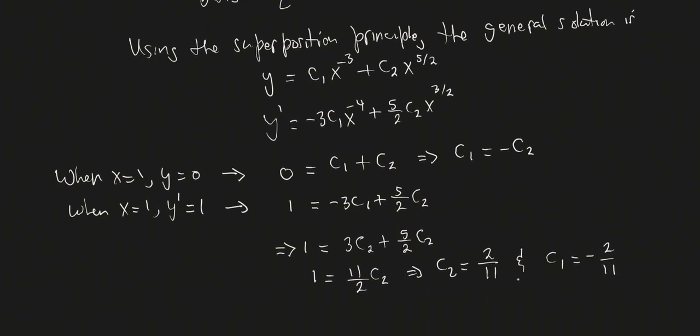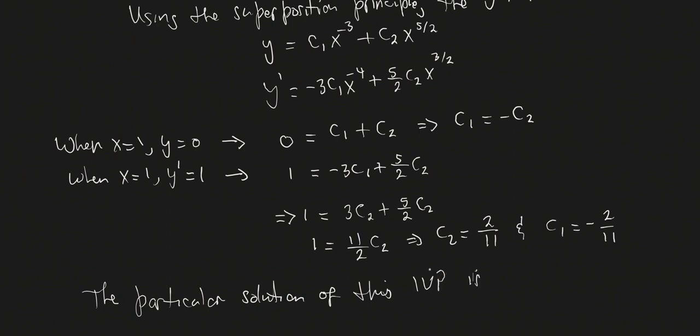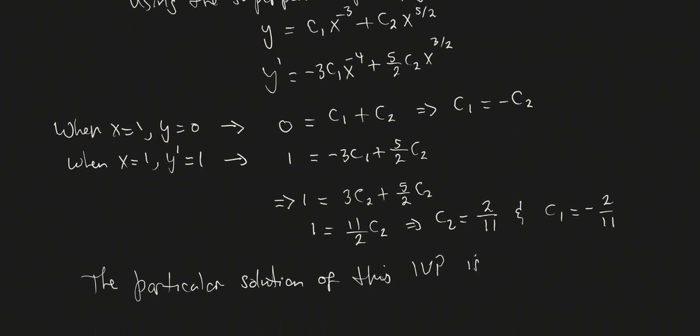So now we have the particular solution. The particular solution of this IVP is y equals negative 2 over 11 x to the negative 3 plus 2 over 11 x to the 5 halves.